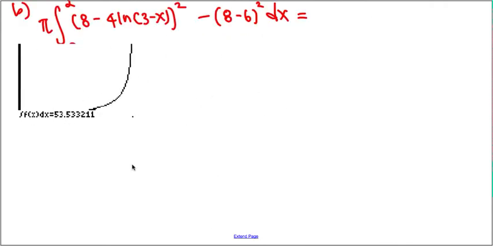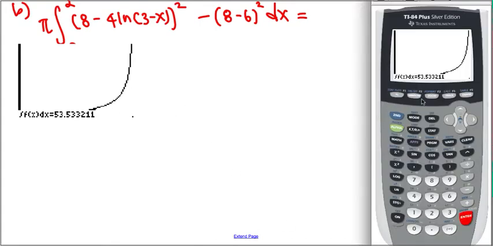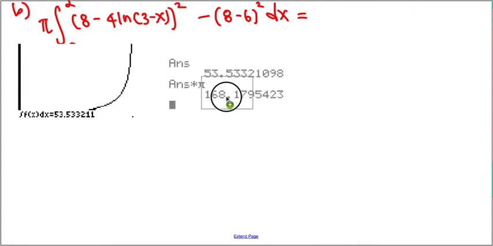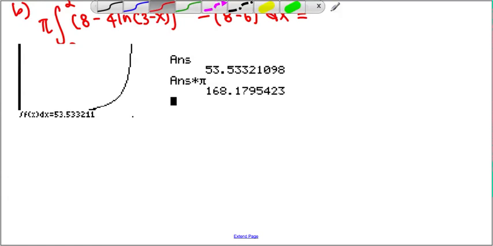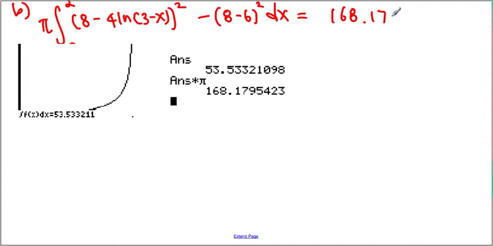Then we need to multiply this value by pi. So that's the calculated value. And if I simply press answer, I should be able to get that value. That's right. We're going to multiply that by pi. Then we end up getting 168.17. How about that? That becomes our final answer.